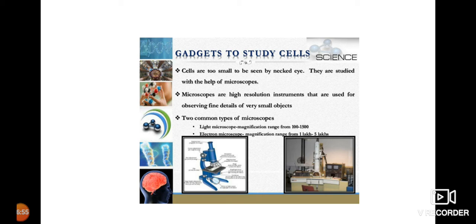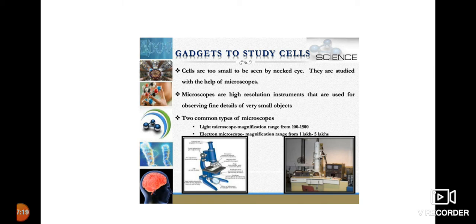Now, as we know that cells are very tiny, that means very small. You cannot observe them with your naked eyes. So that is why you require some high resolution instruments to observe those particular cells. Now, these instruments are called microscopes.